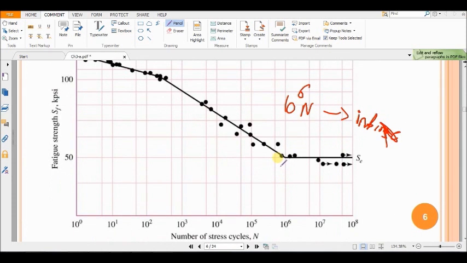The minimum strength at which fatigue failure never happens anymore, we call endurance strength. This specific value at which the Sn graph becomes a horizontal line, we call endurance strength.